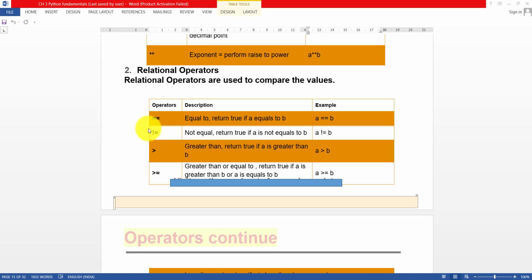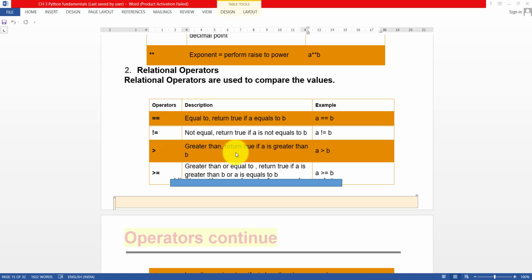Next is not equal. This symbol means return true if A is not equal to B. If A is not equal to B, it will return true, otherwise false. Greater than, this symbol is used for greater than.